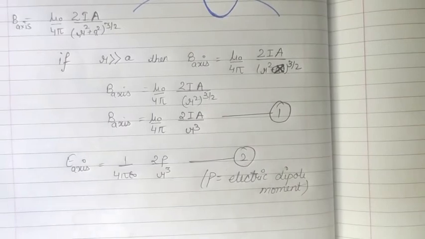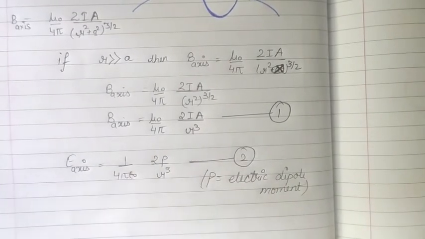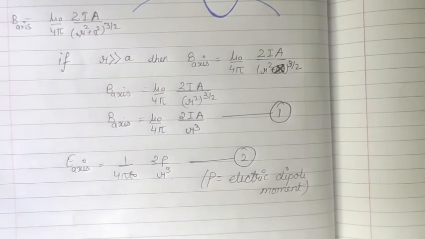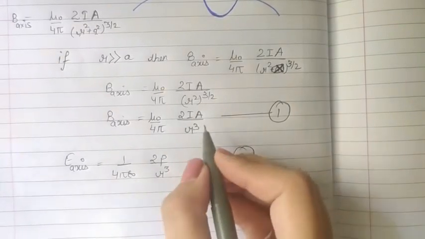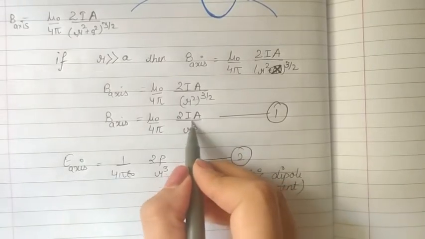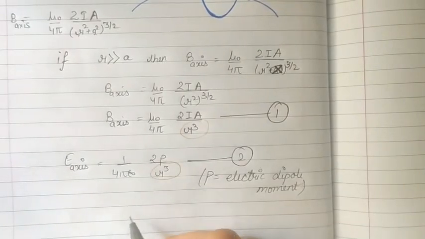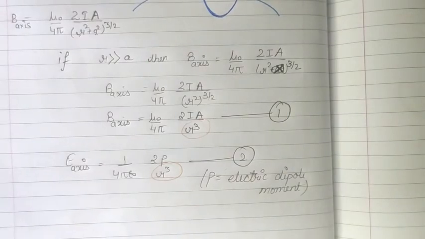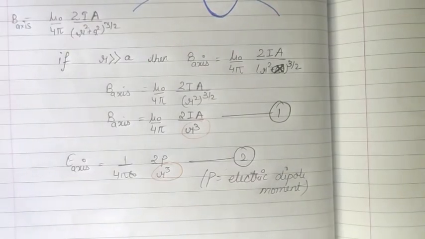In equation number 2, small p represents electric dipole moment. Now if we compare the two equations, both B and E have the same distance dependence, that is 1 upon r cube. Also they have the same direction at any far away point, not just on the axis. So this suggests that a circular current loop behaves as a magnetic dipole with magnetic moment IA.